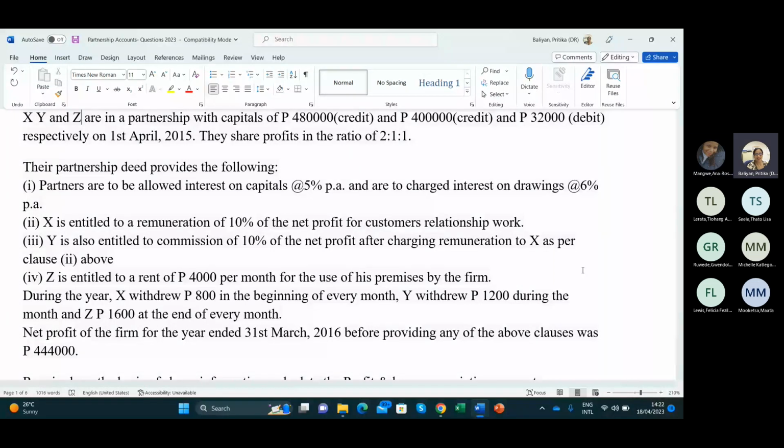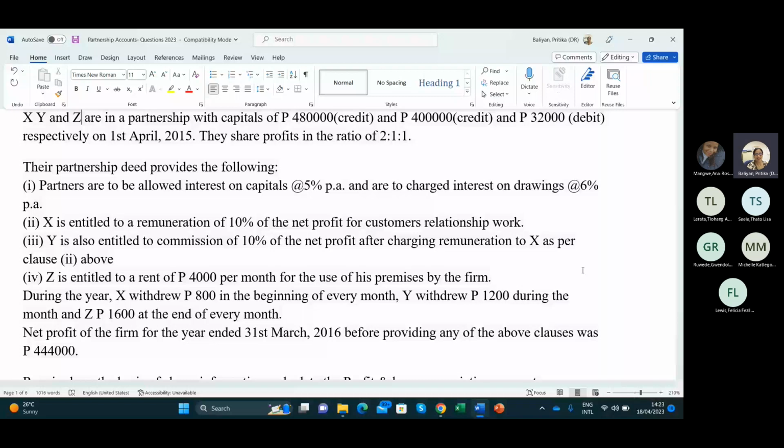Okay, so first thing it says, the partnership deed provides the following arrangement. Partners are to be allowed interest on capital at the rate of 5% per annum. So how much capital has been provided by each partner? Then we will charge first the interest on the capital. X has provided 480,000, Y 400,000, and Z 32,000, right?